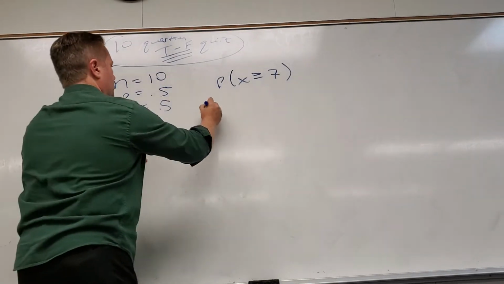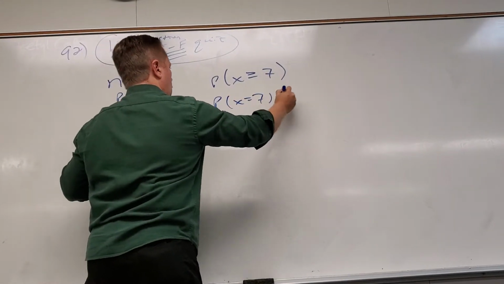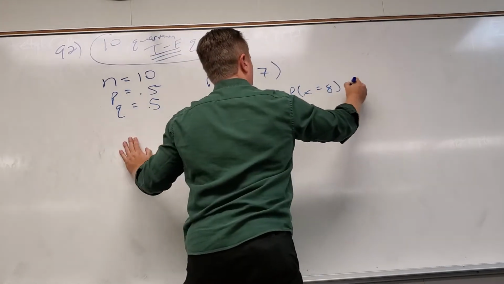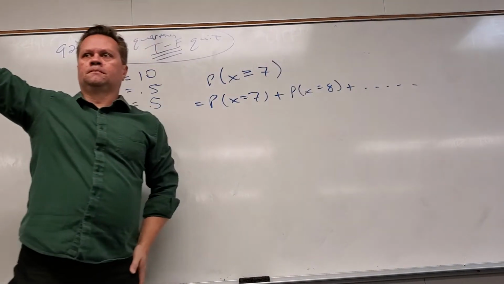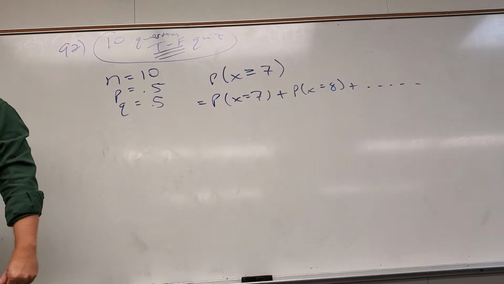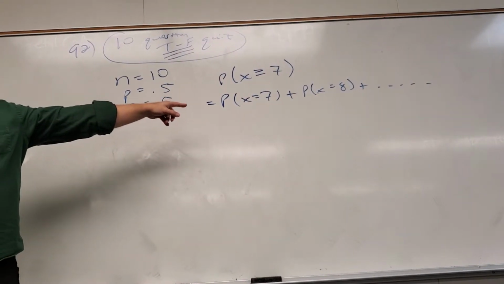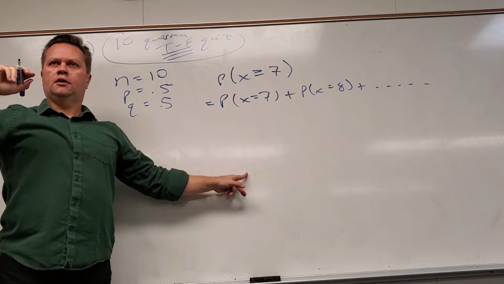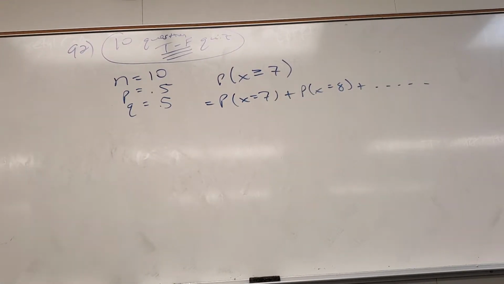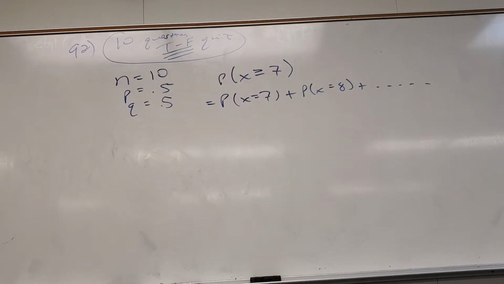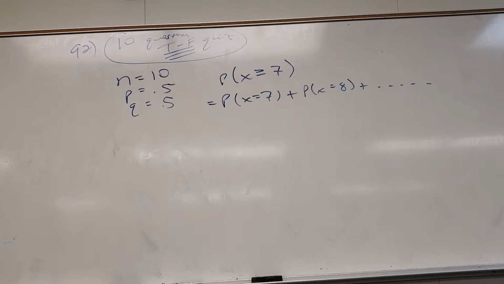I'm going to figure out the probability of x equals 7 or 8 or 9 or 10. So try to write the formula for what it would look like for 7. And then I'm not going to do any more because you guys could finish it.